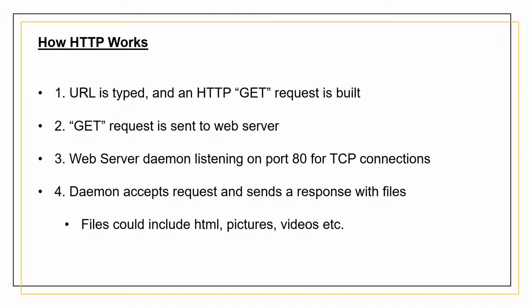So how does it work? Say someone wants to buy shoes from Amazon. So they pull up their web browser, perhaps Google Chrome, on their laptop. They type in the URL amazon.com.